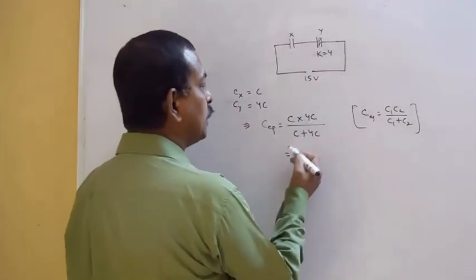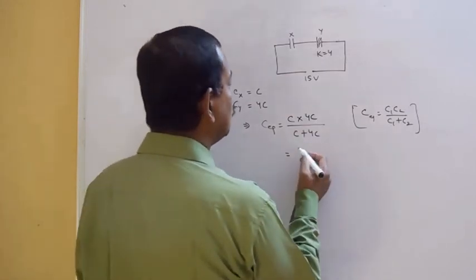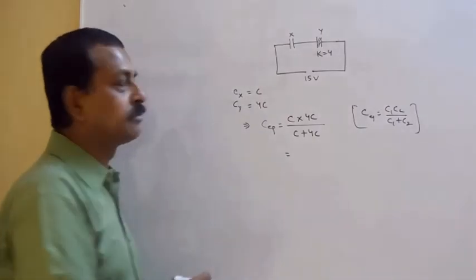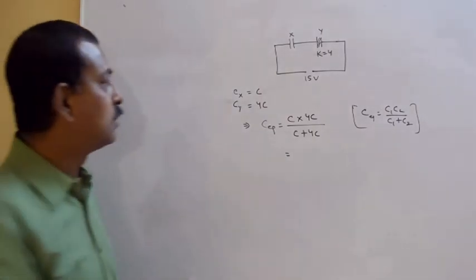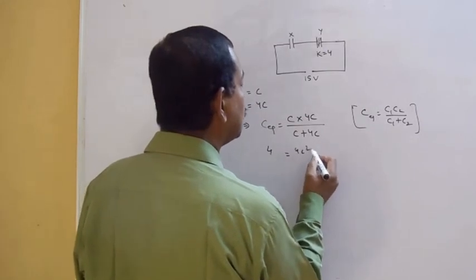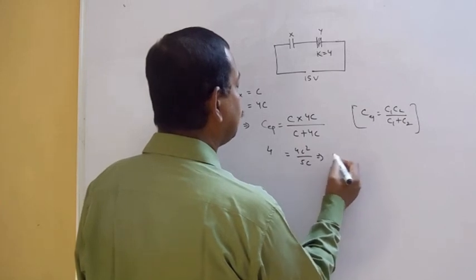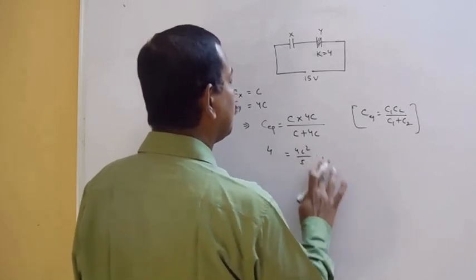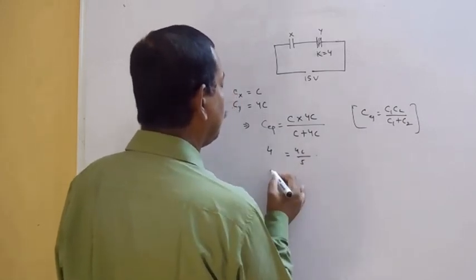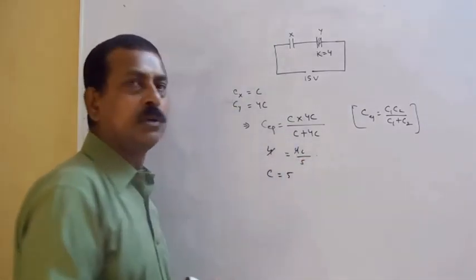So if you substitute, it will be C into 4C divided by C plus 4C, and the equivalent capacitance value is already given as 4. So this is 4C square by 5C, and that gives C equals 5.